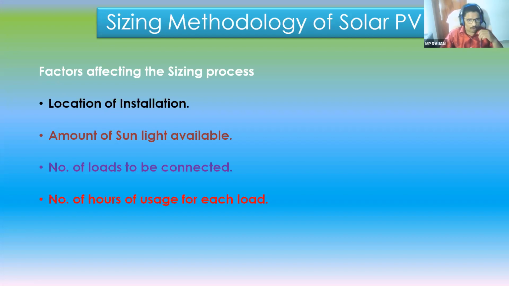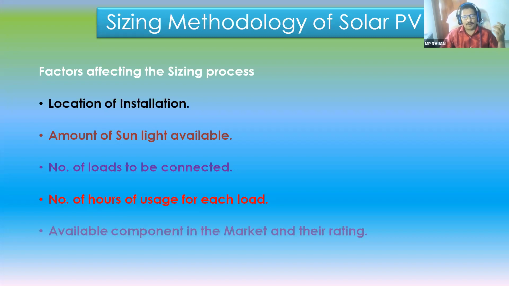Then how long you are using: light you may be using only at night. TV you may be using 3 hours per day. Computer you may be using 4 hours per day. So energy is the product of power and time. So how long you are using depends upon that. Your load consumption will be varying.